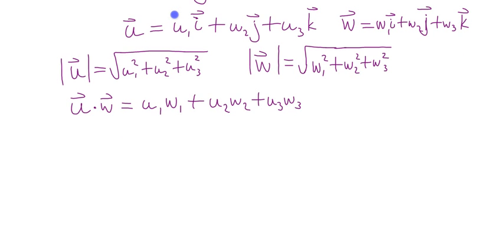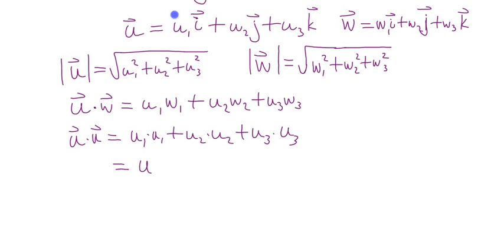What's u dot u? u1 squared plus u2 squared plus u3 squared, which looks a lot like the magnitude, only it's what? Not rooted.